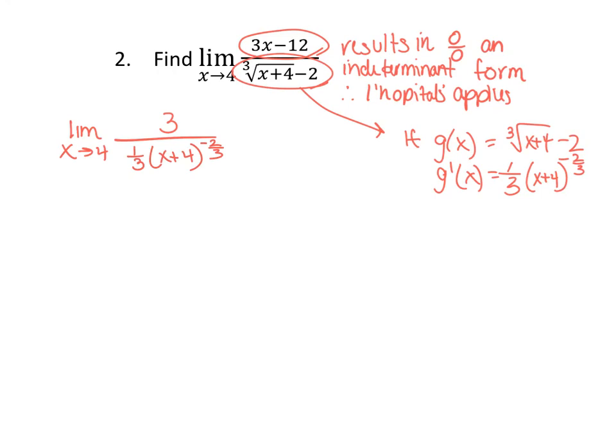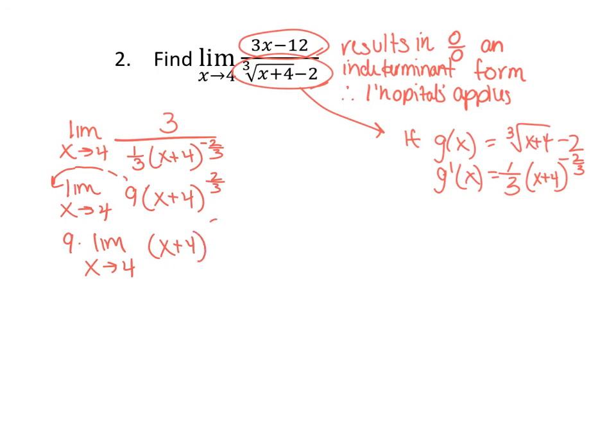Okay, so even before we do this, if we want to move things around to get positive exponents before we do direct substitution, 3 divided by 1/3 is 9, and then bring your x plus 4 to the negative 2/3 up top. And remember, when you have a coefficient in front, technically that can be in front. So you get 9 times the limit as x approaches 4 of x plus 4 to the 2/3.